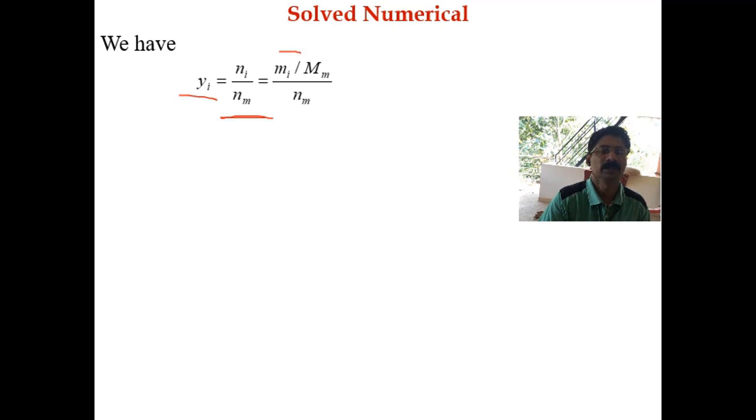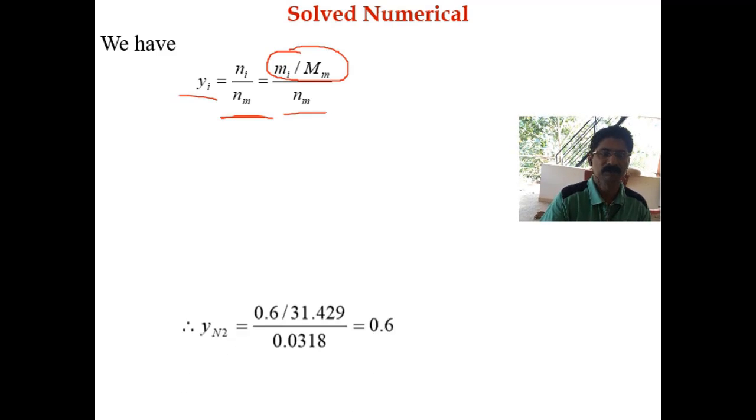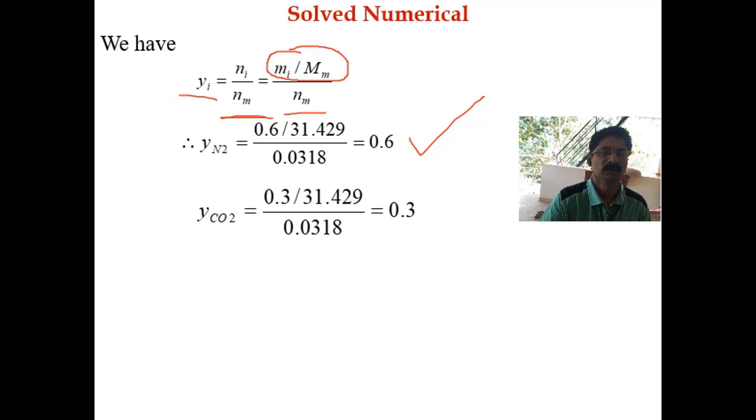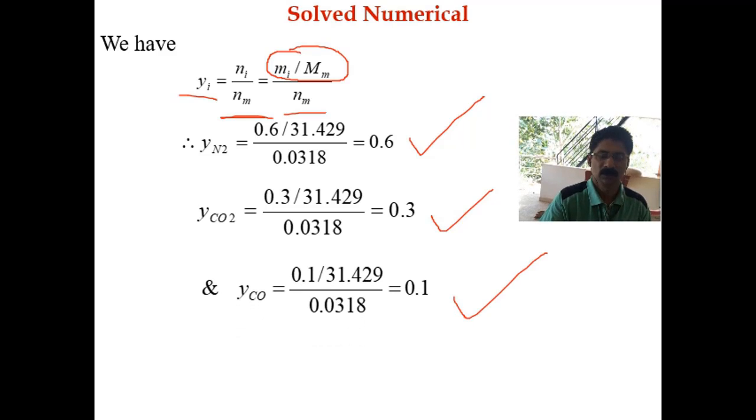Here Ni is nothing but Mi by Mm, divided by Nm. If you substitute, you will get the mole fraction of N2 as 0.6, mole fraction of CO2 as 0.3 and mole fraction of CO as 0.1.